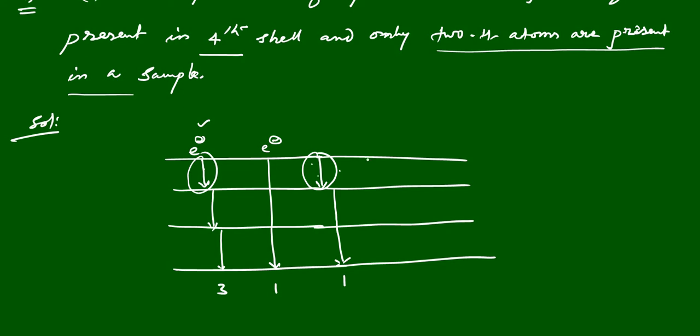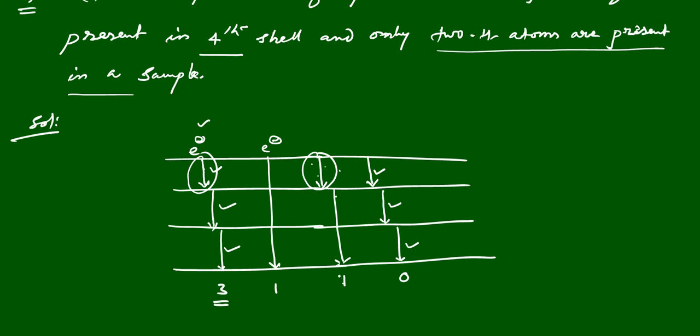Or else, you may think that the electron may jump from here to here, or from here to here, or from here to here. This is about the second electron. If the second electron also uses transitions like the first electron, then this transition and this transition are equal, and this one again both are the same. Then how many extra can we see here? 0. So total you will get maximum 3 only. But we have to calculate maximum possibilities. So there is a possibility like this. It may come directly from here to here, 1, or else you can take the transition like this also.